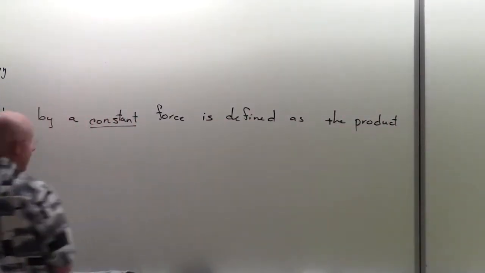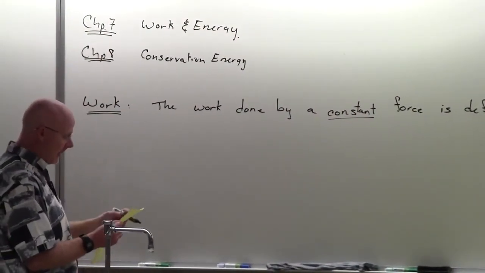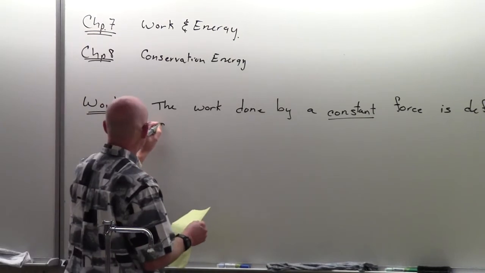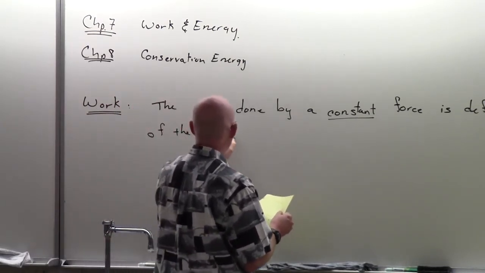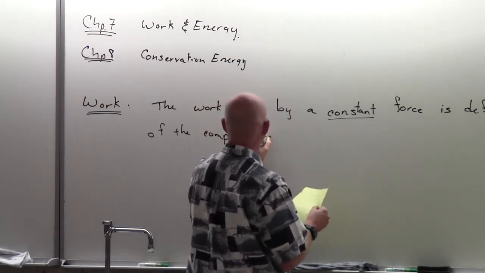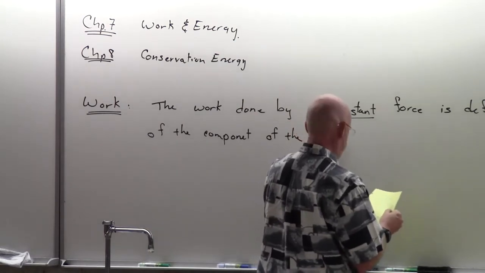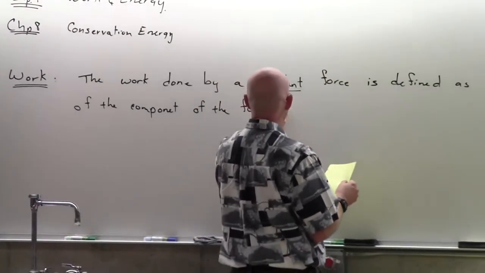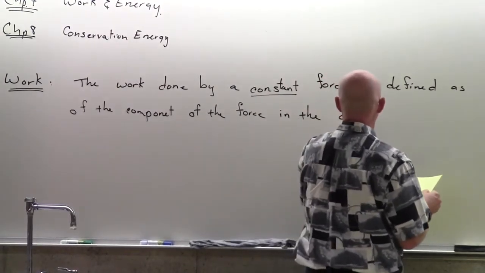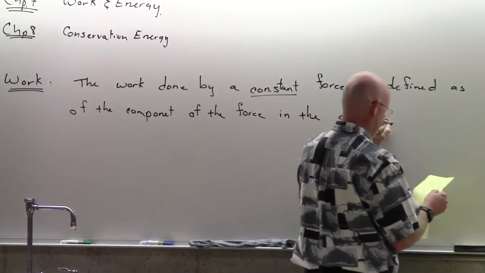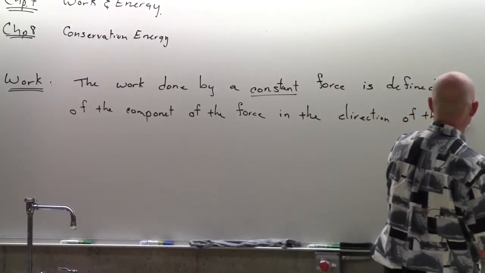It's a little more complicated than that, so I don't want you to forget that, but it's defined as a product of the component of the force in the direction of the displacement.